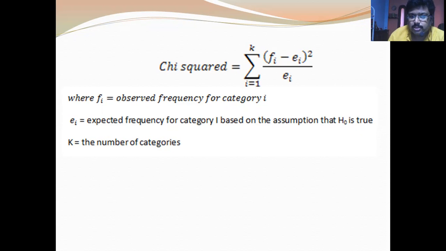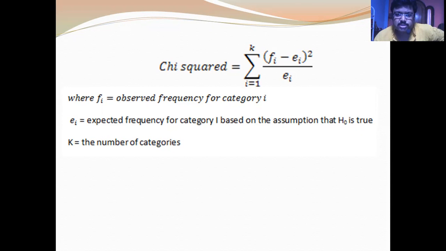Okay. I hope you got the point. And Fi is the observed frequency. So the hospital authority has collected 200 data, and among the 200 data, the stable patients is 98 and serious patients is 48 and critical patients is 54.